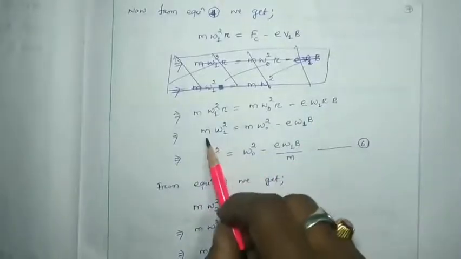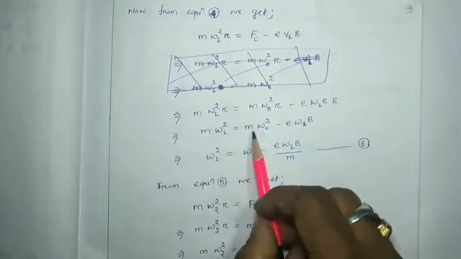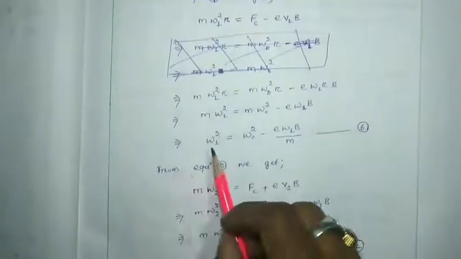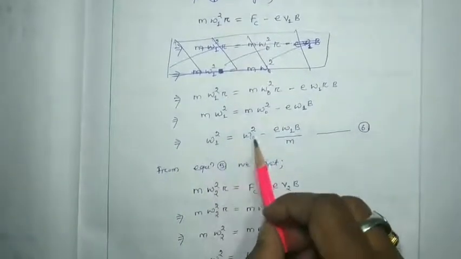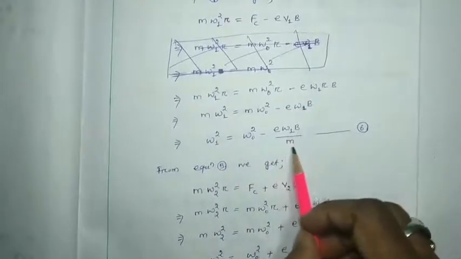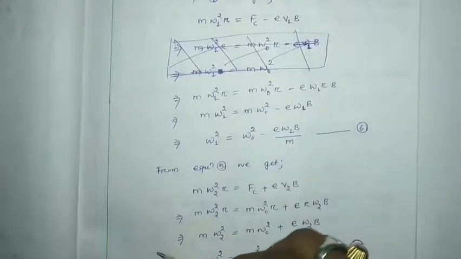Then we find m omega1 square is equal to m omega0 square minus e omega1 B. That implies omega1 square will be equal to omega0 square minus e omega1 B by m. Let it be equation number 6.